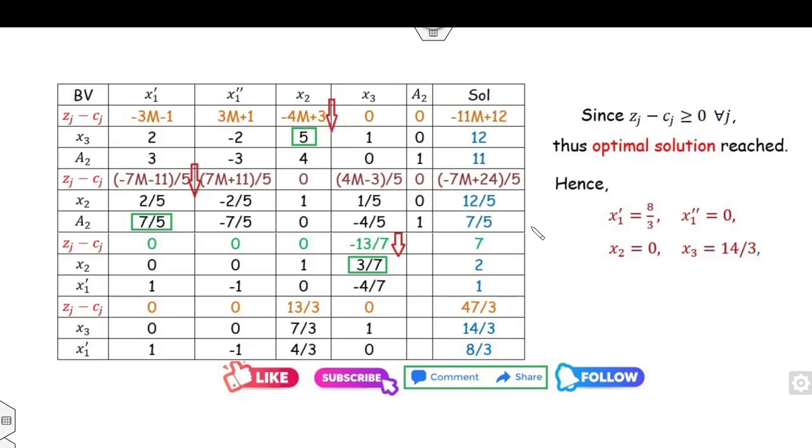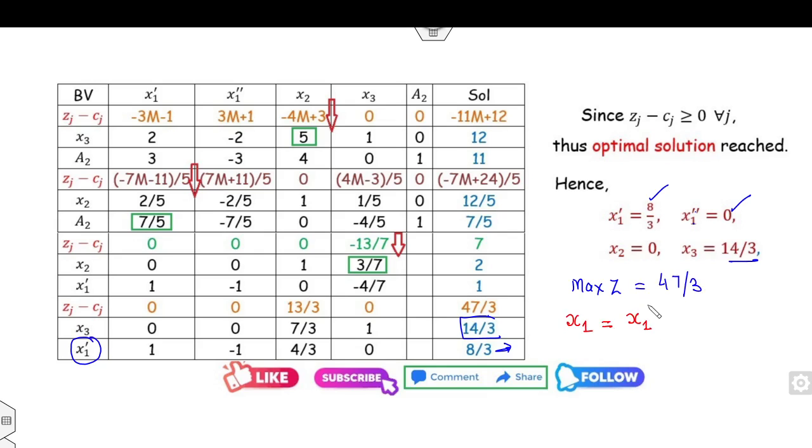So therefore your optimal solution is x1 dash is 8 by 3, x1 double dash there is no value, it is 0, x2 there is no value, x3 is my 14 by 3, and maximization of the z is 47 over 3. But your target is to find the value of the x1.